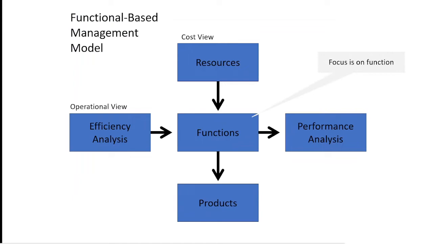So if we understand it through the flow chart, the main focus here is on the functions. From the cost view, we allocate the resources to the functions, and then the functions are allocated to the products. From the operational view, we do the efficiency analysis for the functions, and the performance analysis is also for the functions.